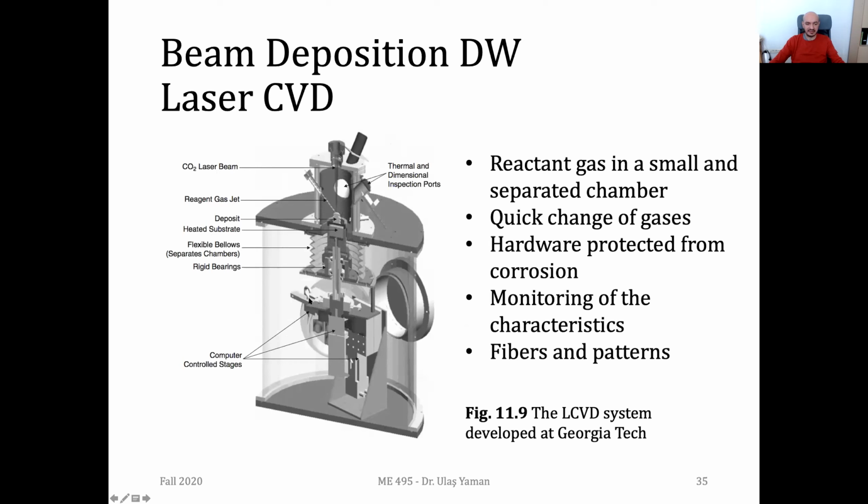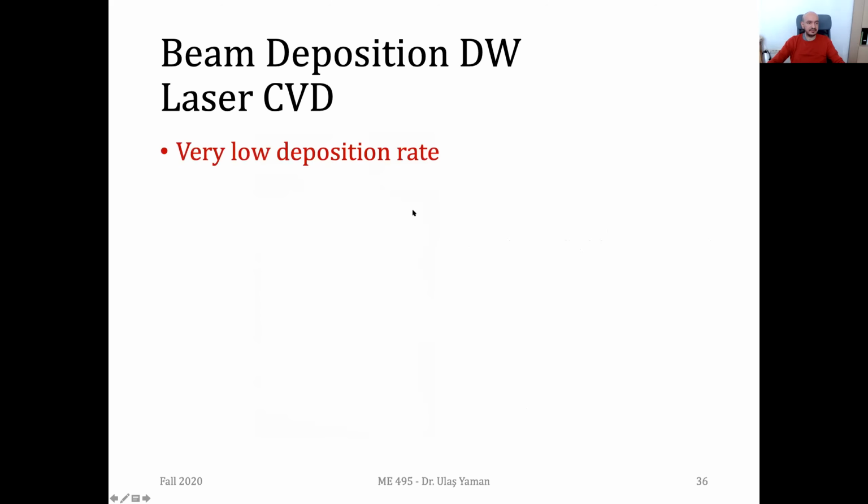With the help of these underneath mechanisms, you can control the position of this table so that your laser will be depositing the material onto a specific point. But obviously, this is a quite complicated system, and we don't have many commercial systems. Most researchers are focusing on these technologies.